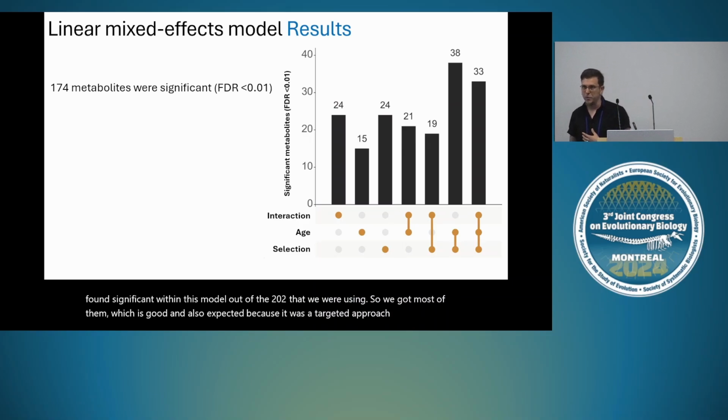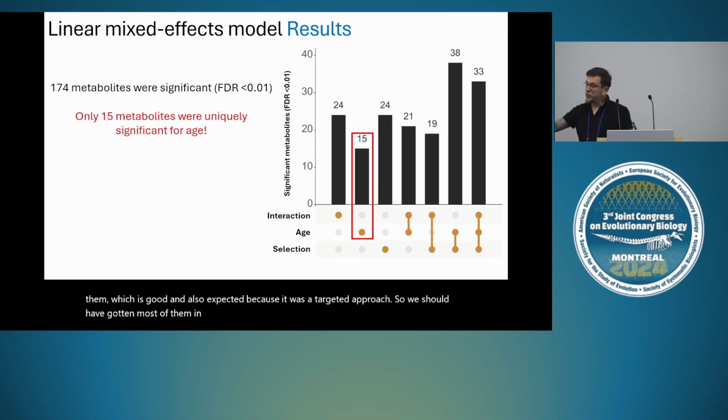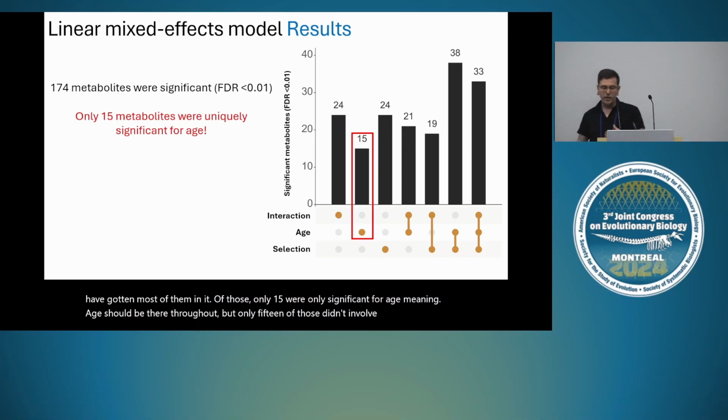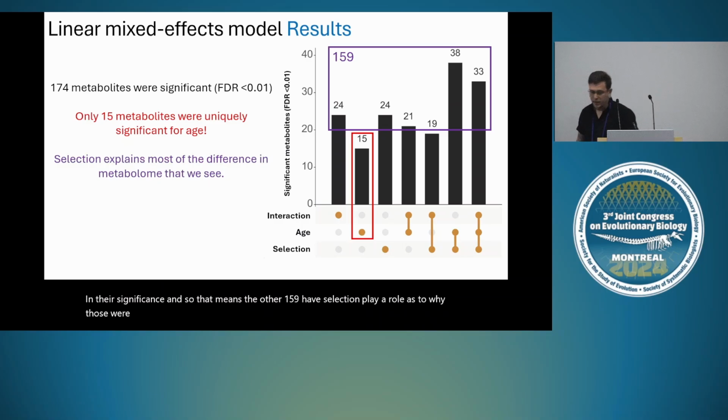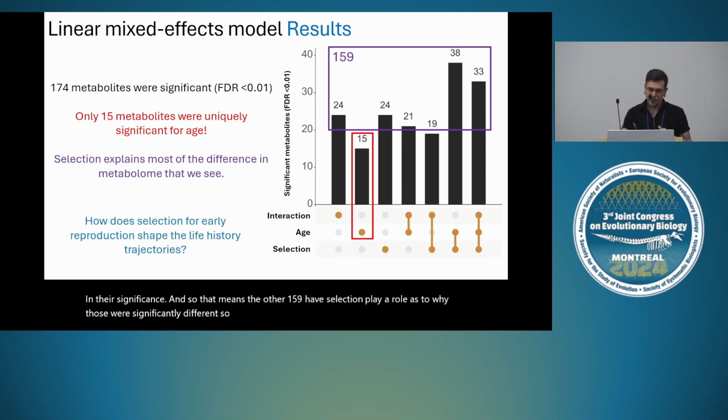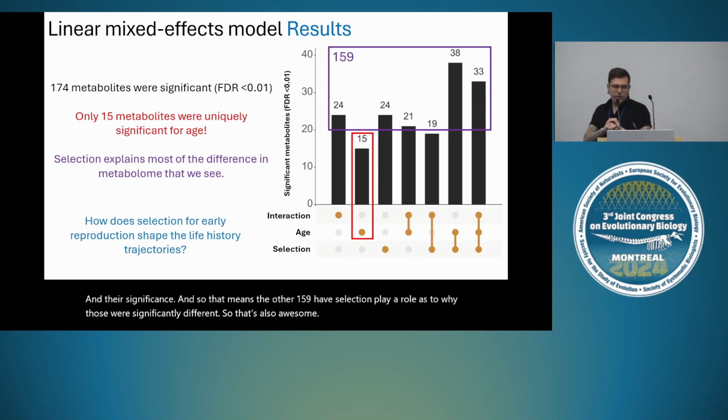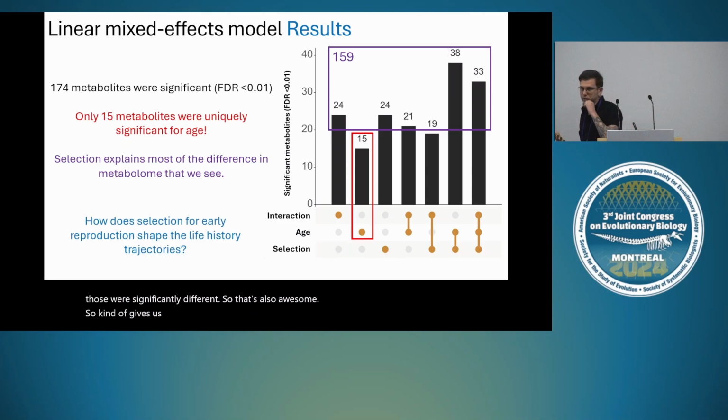Of those, only 15 were significant for age alone, meaning they didn't involve selection in some way in their significance. That means the other 159 did have selection play a role in why they were significantly different. So that's also awesome. That gives us which ones are important in this process.